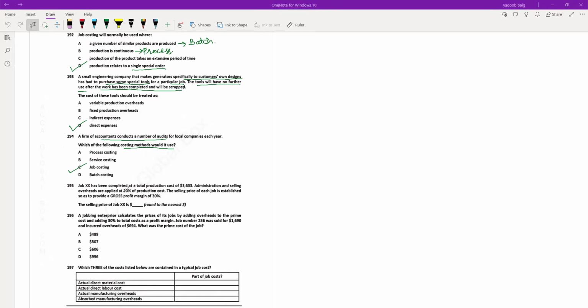Job XX has been completed at a total production cost of 3,633. Administration and selling overheads are applied at 20% of the production cost. Selling price of each job is established so as to provide a gross margin of 30%. Selling price of job XX is dollar what? So we have total production cost 3,633.